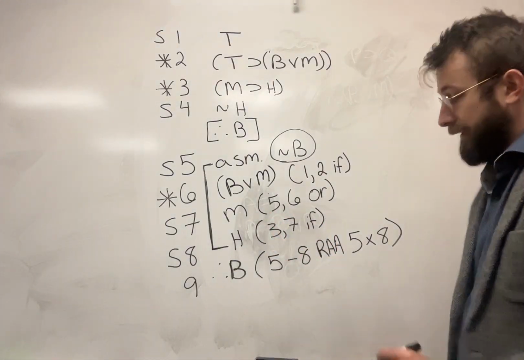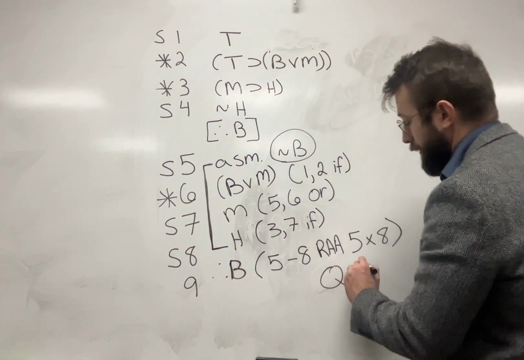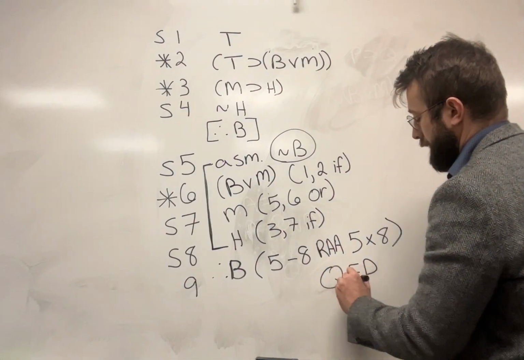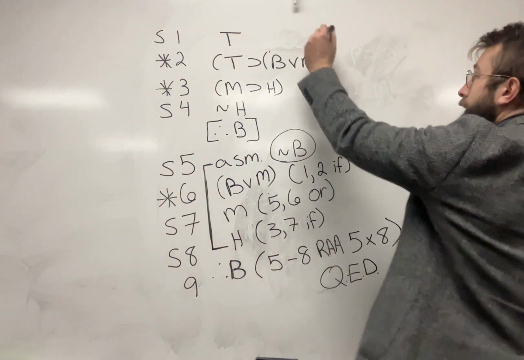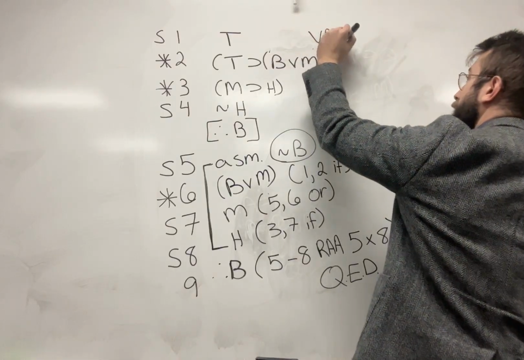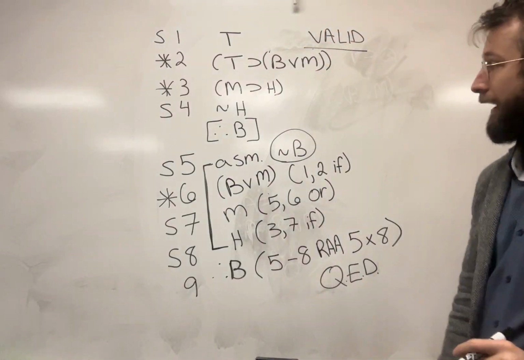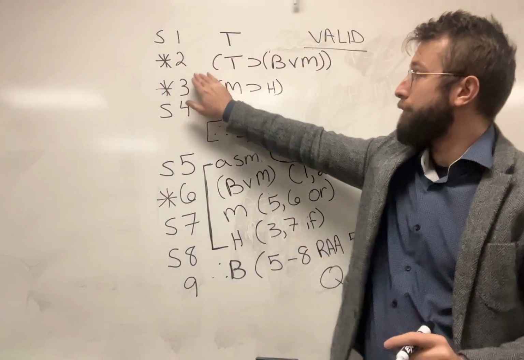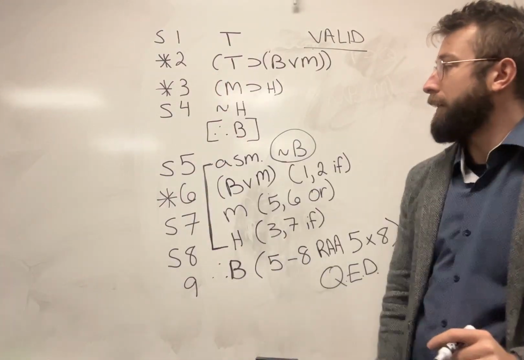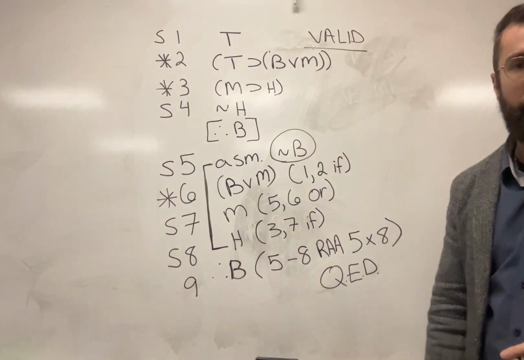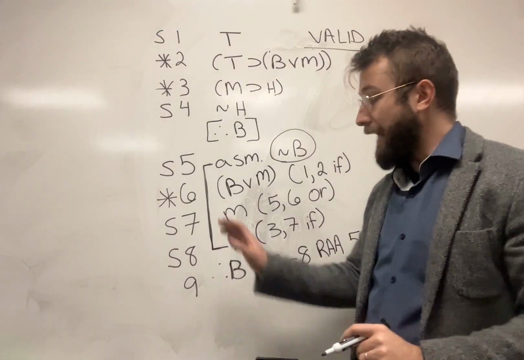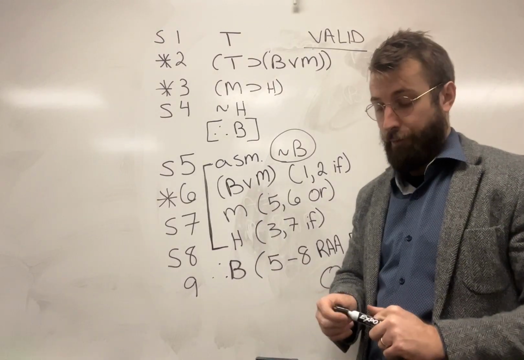That's the end of that. So I can demonstrate now what has been determined, QED, that this is a valid argument. And as a valid argument, I can say that given these 4 premises, the conclusion will necessarily follow. That's what we're doing when we make a formal proof.